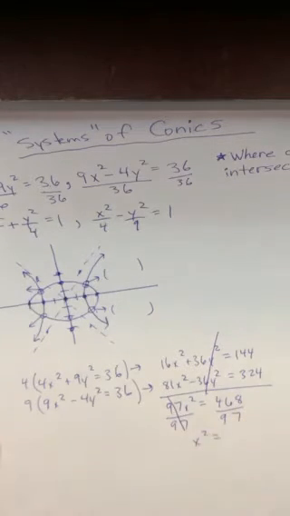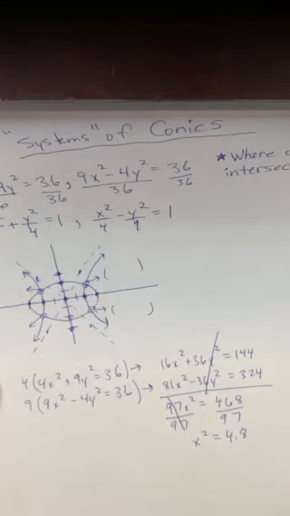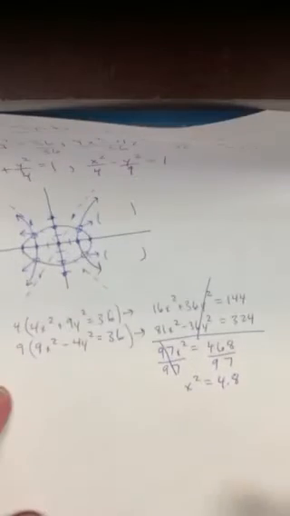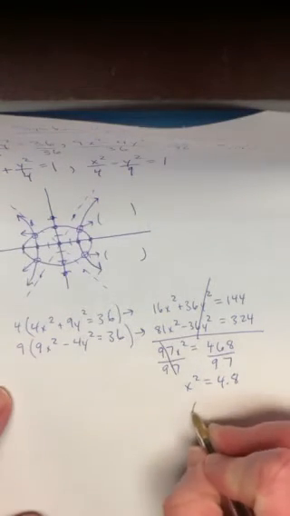X squared equals, push 468 divided by 97, giving me 4.824, etc. I left that whole decimal on my screen because we would now square root both sides, agreed, to get x by itself.